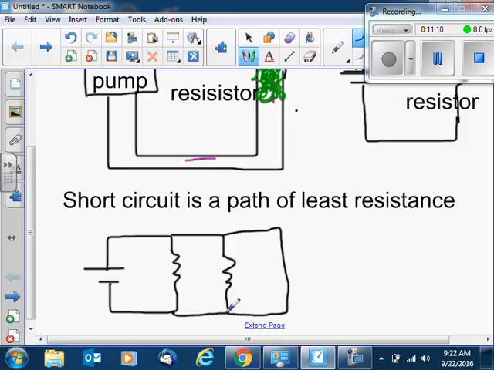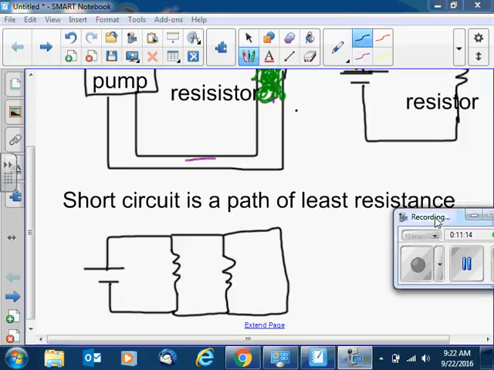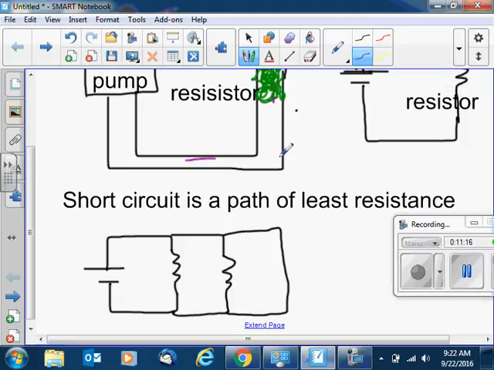So what would happen if you were to build a circuit like this? You have two resistors and you have a battery. Well, what would happen, all of your electrons will never even go into these two resistors. They will all take the route around the resistors and just not go anywhere.